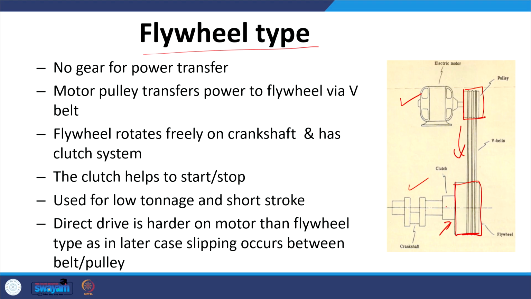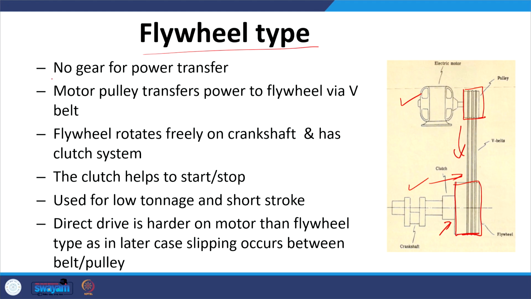So, initially the clutch will be disengaging the flywheel from the crankshaft and power is delivered from the electric motor to the flywheel. When enough energy is stored, the clutch will engage the crankshaft with the flywheel. So, the rotary movement of the crankshaft will start.